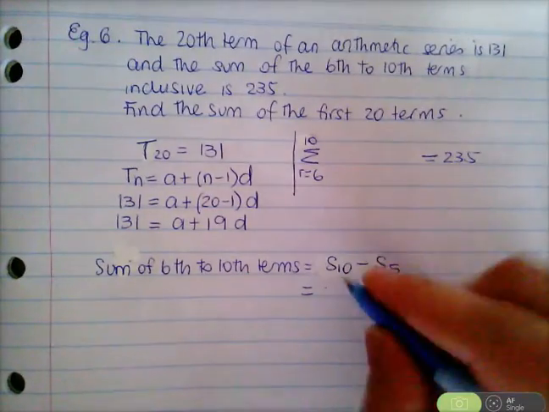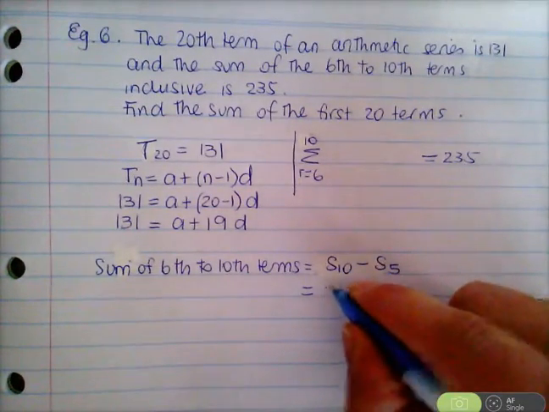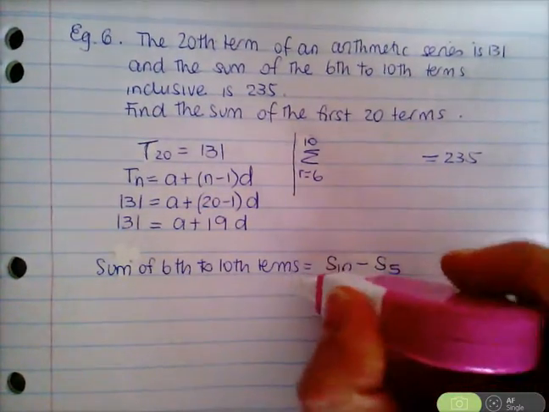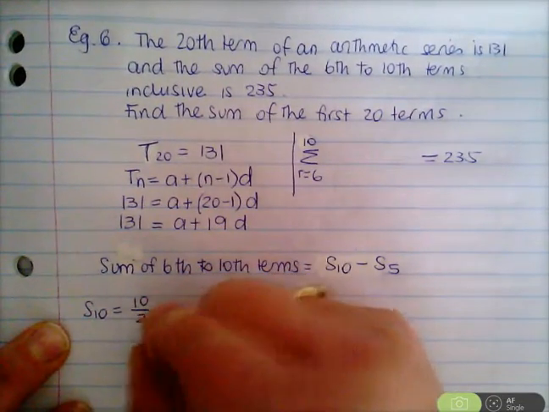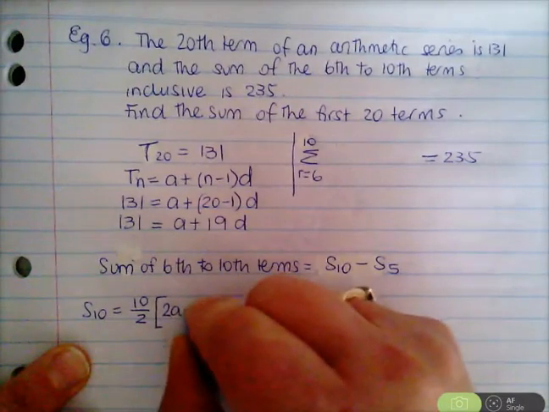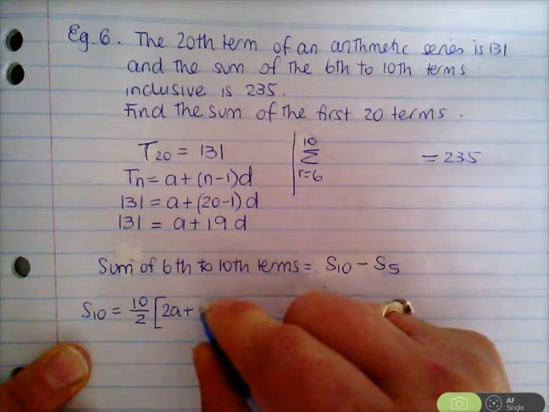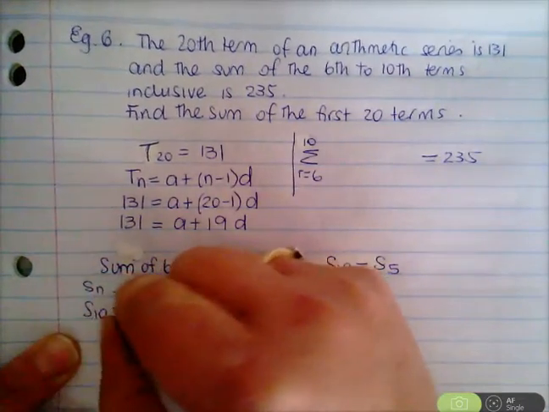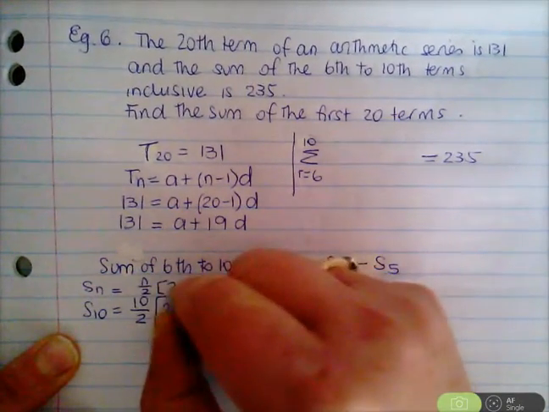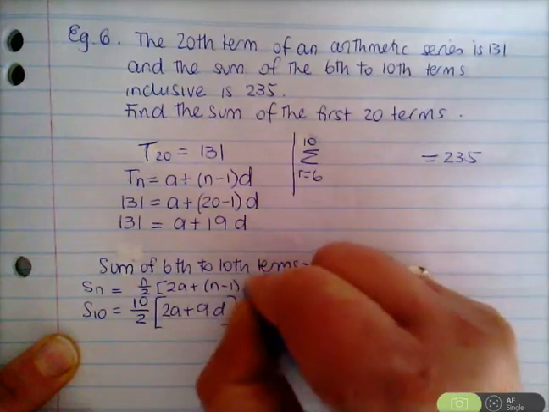Now the sum of the first 10 terms, I'm just going to come up with expressions for those. So S10 equals 10 on 2, (2a plus (n minus 1)d), which is 9d. Now this is using Sn equals n on 2 (2a plus (n minus 1)d).